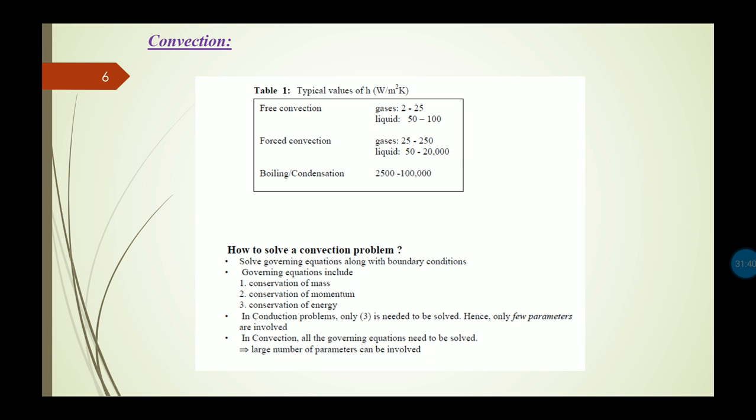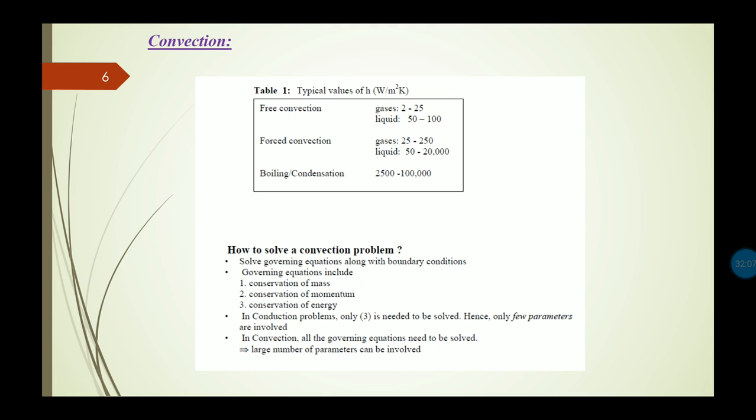Now this is a table that gives us some typical values of the convective heat transfer coefficient. The unit is already known to us: watt per meter square Kelvin or watt per meter square degree centigrade. In case of free convection, if it is gas, then the value of h is in the range of 2 to 25, and if it is liquid, then it ranges within 50 to 100.